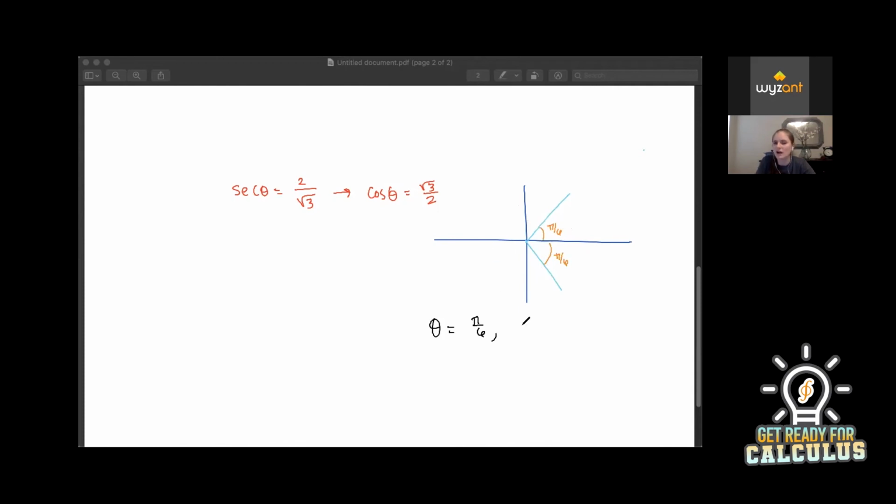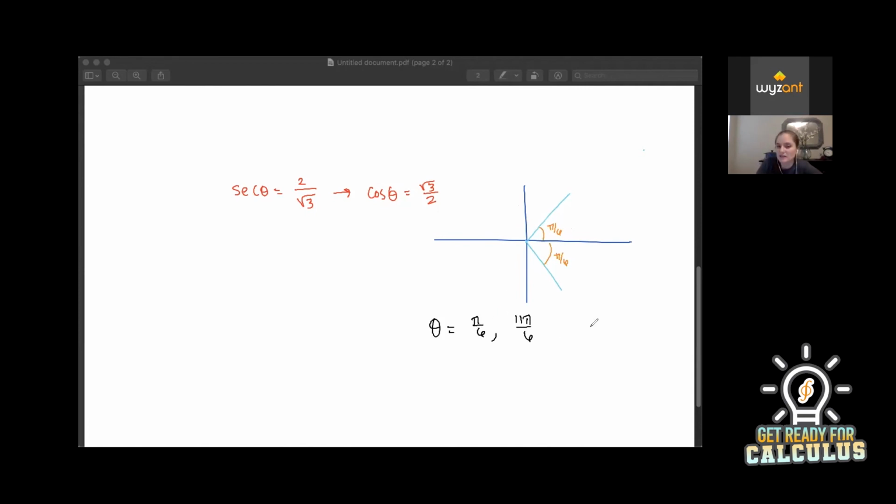Or sorry, I said 360, but you would want to use 2 pi because we're in radians. So if you do 2 pi minus pi over 6, you're going to get 11 pi over 6. It's easier to think about adding pi over 6 to 11 pi over 6 to get to 2 pi than it is to subtract, but both ways work totally fine.